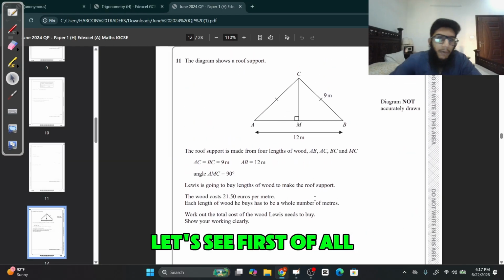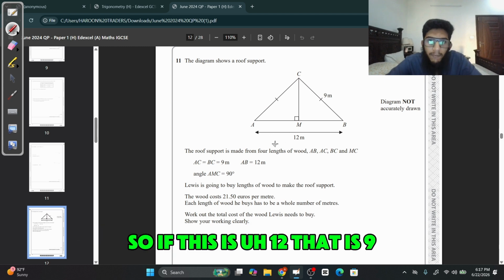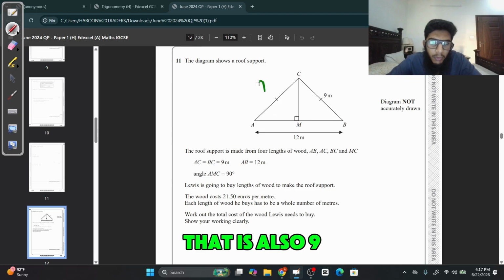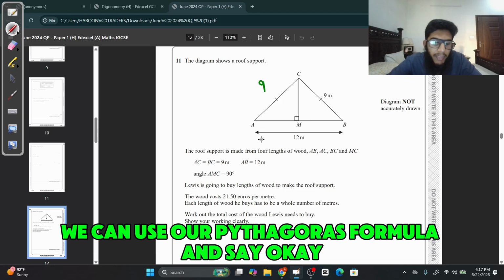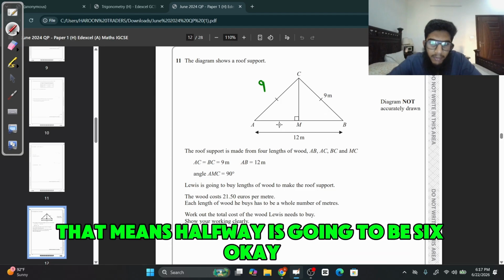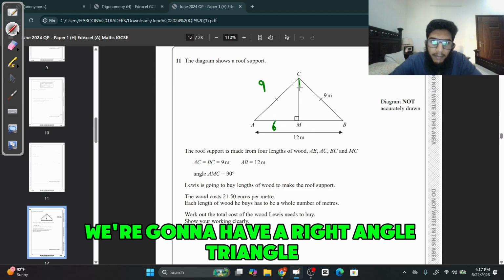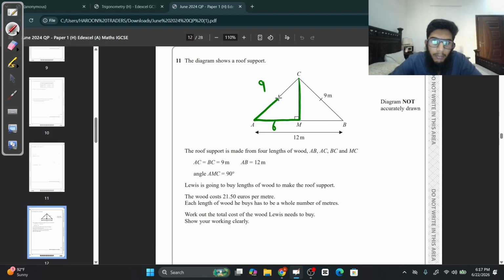Okay, let's see. First of all, you have to find out the total lengths. If this is 12, that is 9, that is also 9, we can use our Pythagoras formula. If we have this as 9, that means half is going to be 6. Over here we're going to have a right angle triangle.